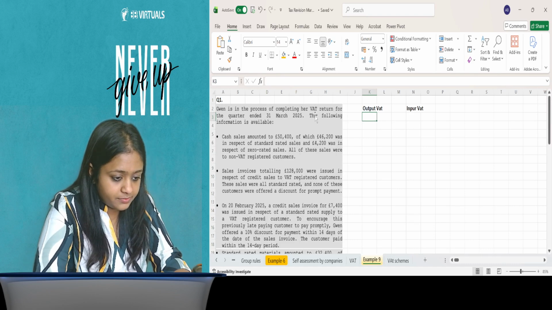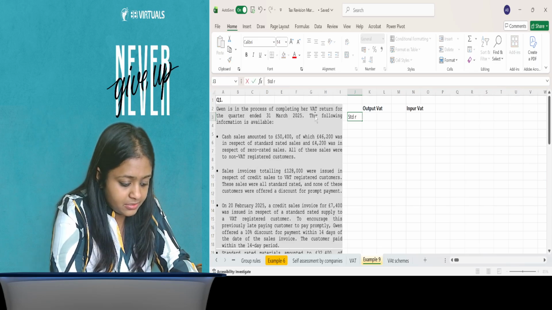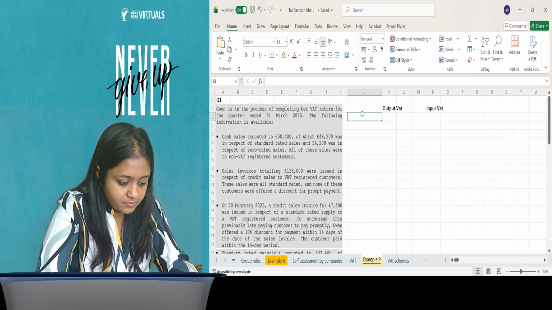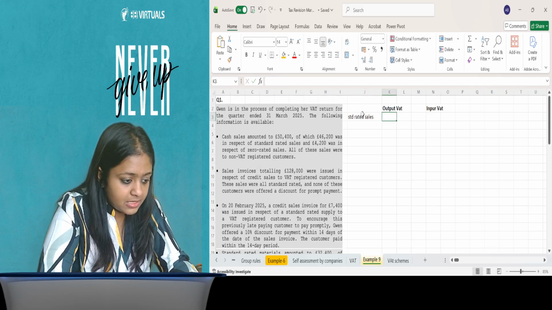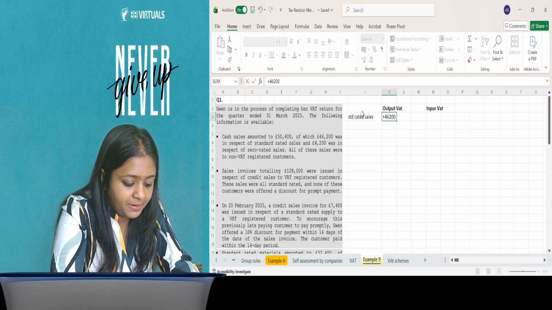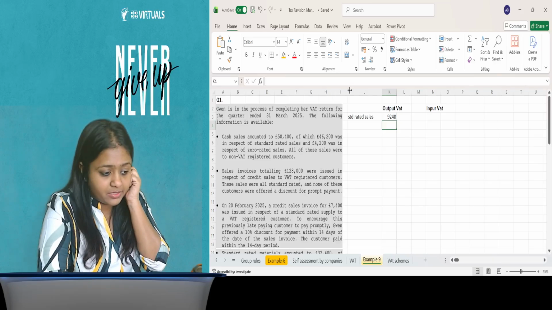So here, standard rated sales. What is the output VAT? 46,200 multiplied by 20%. We are assuming all figures to be exclusive of VAT. Okay.